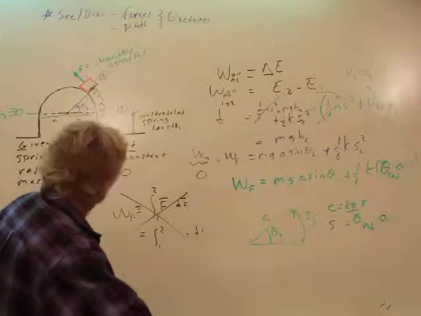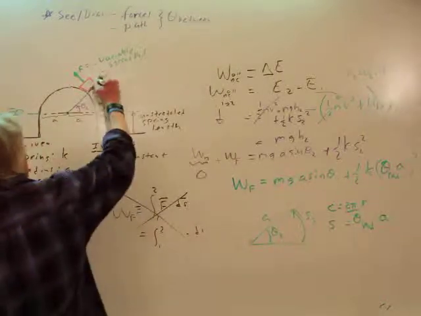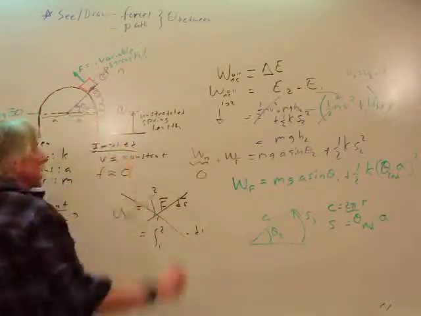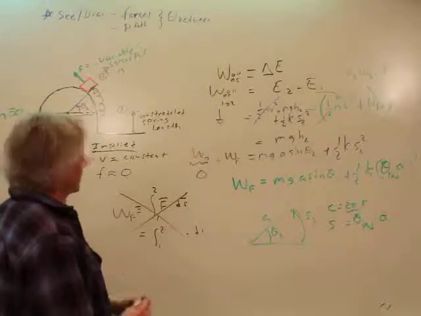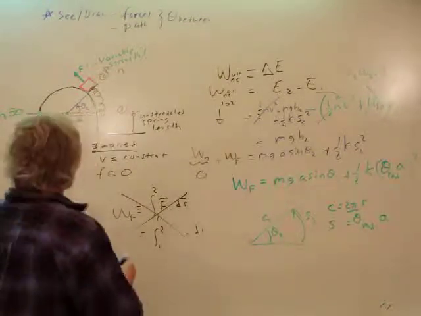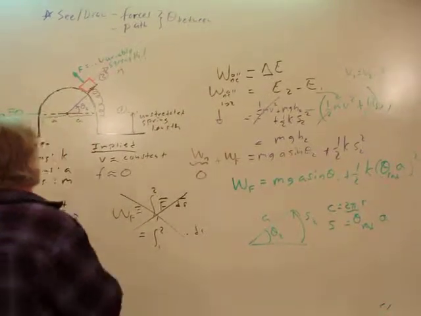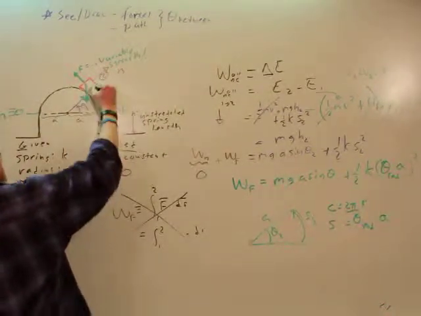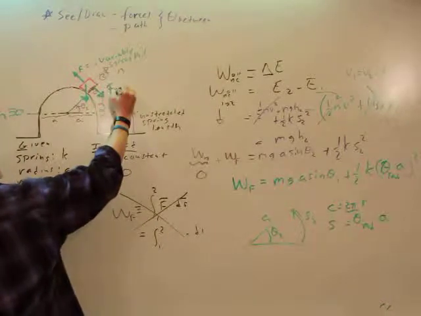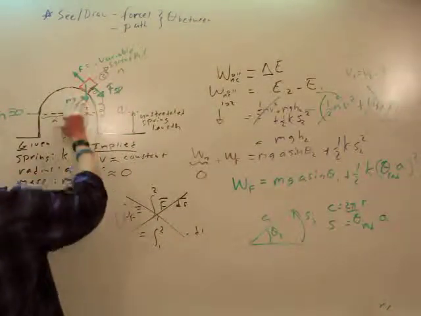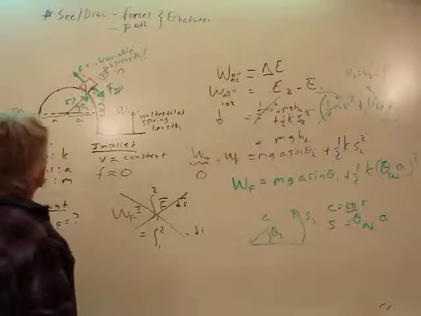I've got a normal force, which I can see. In this case, it's doing no work. I've got a force of the hand. I've got a force due to gravity, and then I've got a force due to spring, right? 1, 2, 3, 4. So I've got to account for these.